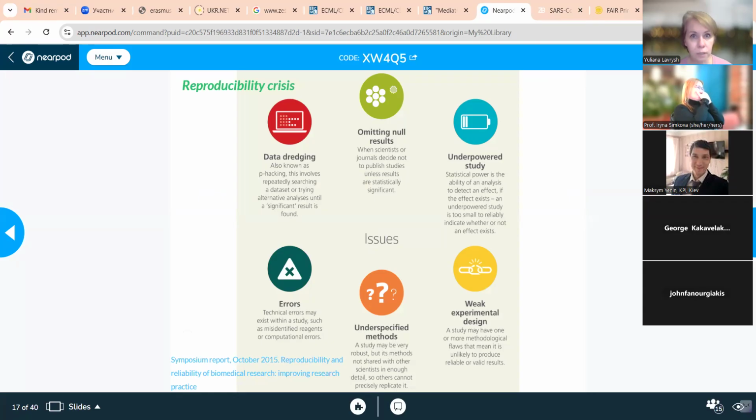The next point, you remember we discussed it, is reproducibility. Why it is important, why some people require that you should follow this reproducibility principle. It comes from the reproducibility crisis. Some years ago, researchers and people who are close to science identified these issues which are mentioned in this infographic.